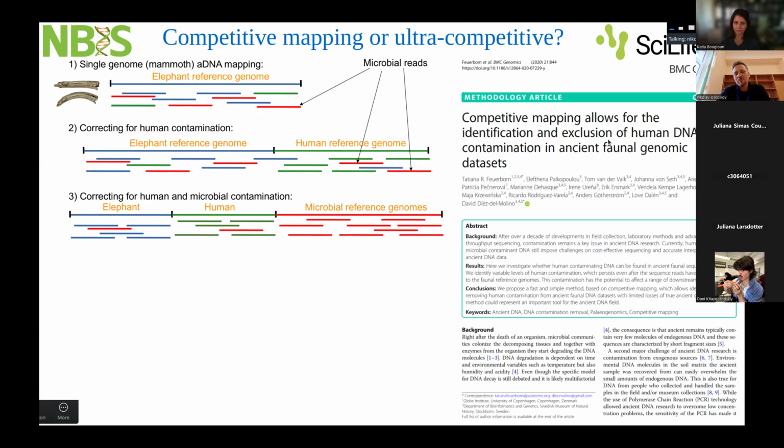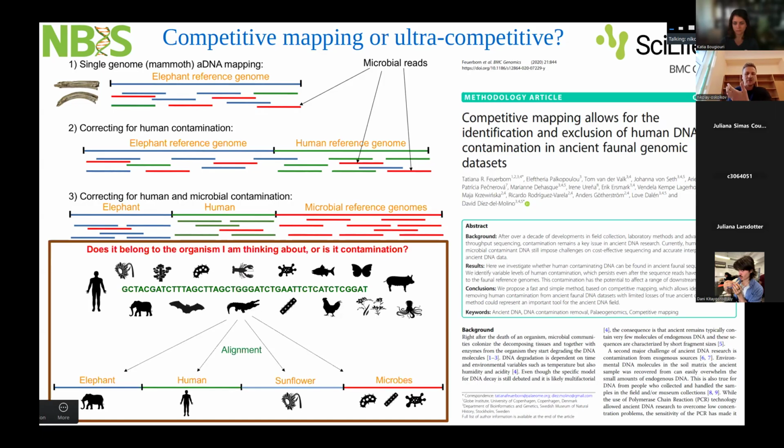But still, what prevents you from adding more references here? Obviously, and this is what they claim in this paper, competitive mapping is more accurate, so it's beneficial for the accuracy of your aDNA analysis. But what prevents you from adding more references in this database? So basically, the approach I'm advocating is: if you have a read, even coming from a mammoth task, in principle we can double check against multiple organisms.